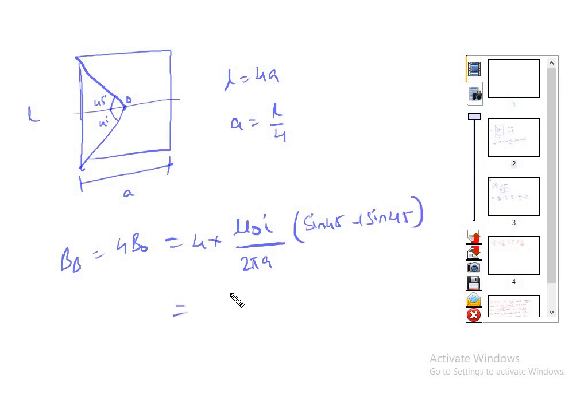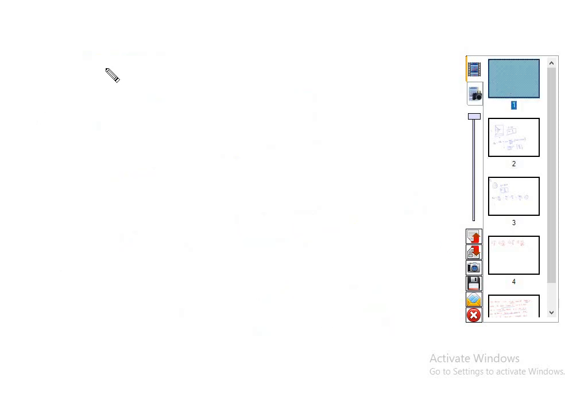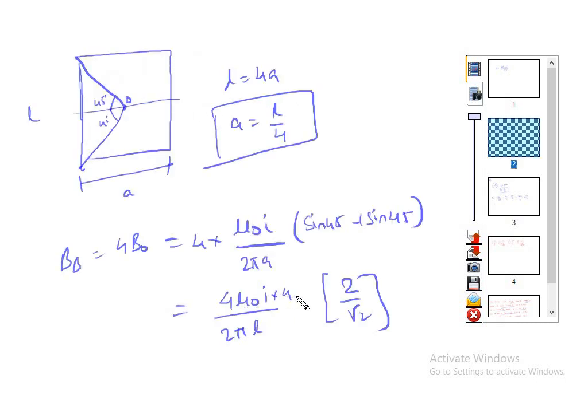So when you simplify it, it will be 4 mu naught I by 2 pi into L by 4, because the side is equal to L by 4, times 2 by root 2. Now if you cross check, BB is equal to 8 root 2 mu naught I by pi L. Why? Because the 2 gets cancelled and we have 8 root 2.